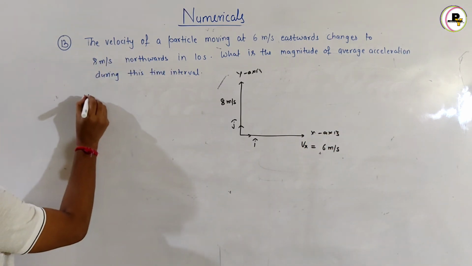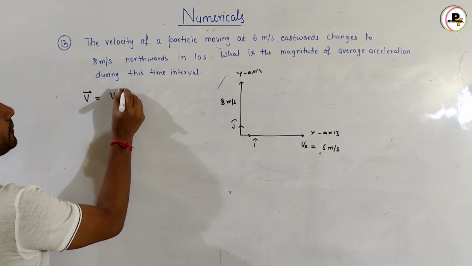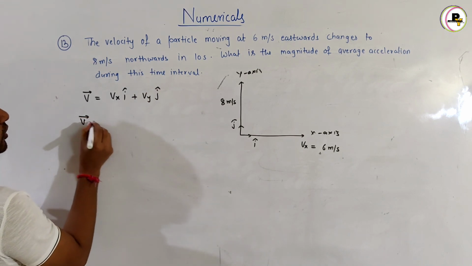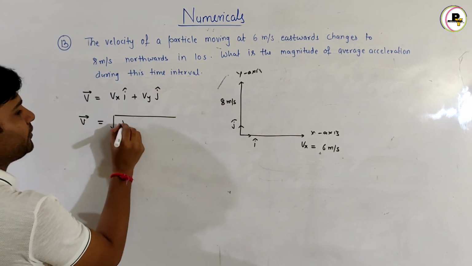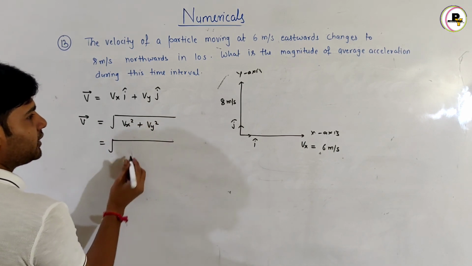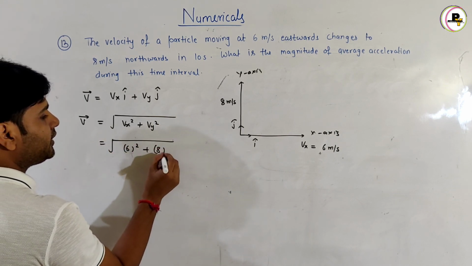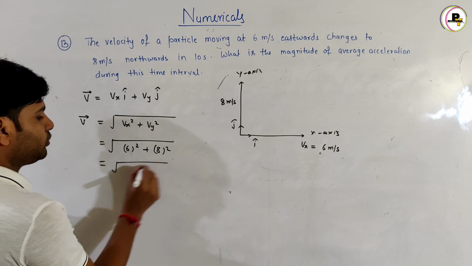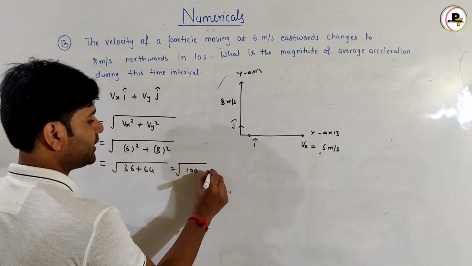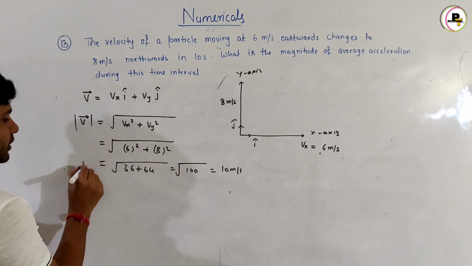So I can write the velocity vector v equal to vx i cap plus vy j cap, and therefore mod of velocity is the square root of vx square plus vy square, which is 6 square plus 8 square. So we get 36 plus 64, that is the square root of 100, that is 10 meter per second. This is the mod of the velocity vector.